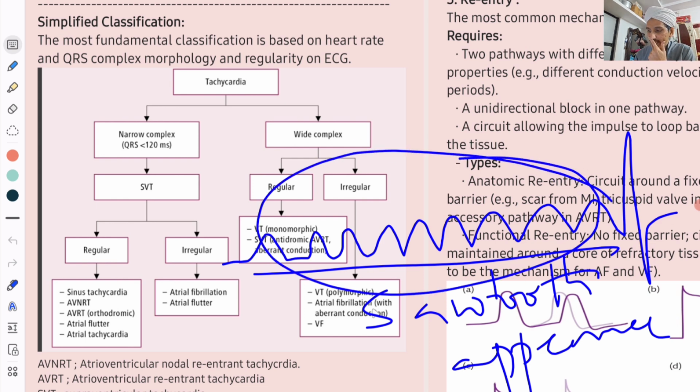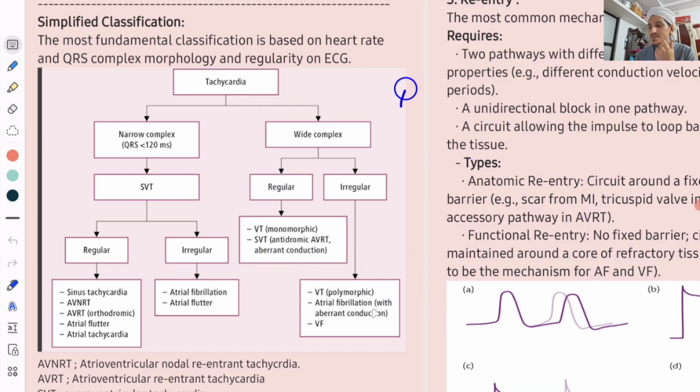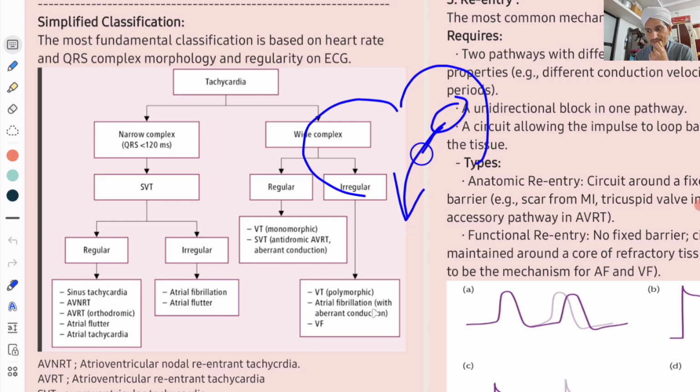Okay, atrial tachycardia. What's happening in atrial tachycardia? As the name suggests, some ectopic foci will take over the pacemaker function, and it will generate more impulses. So it is coming from the atrium, from some foci other than the SA node.